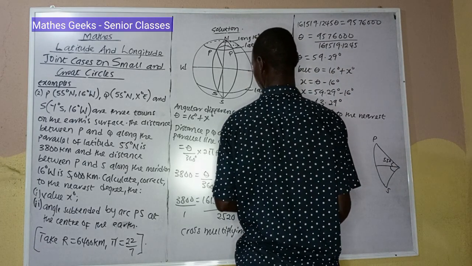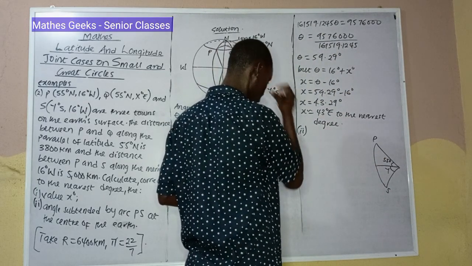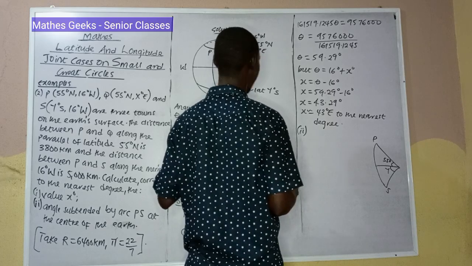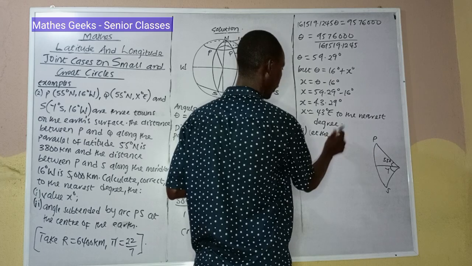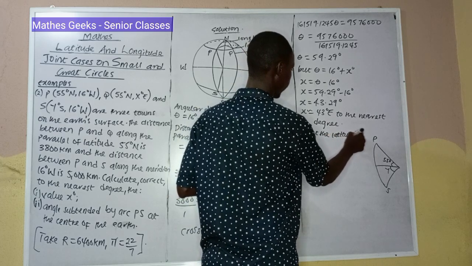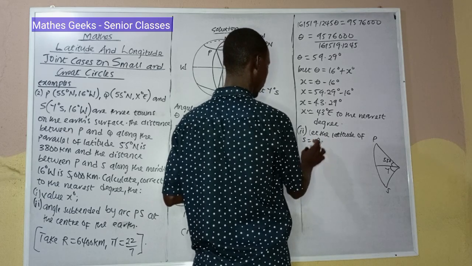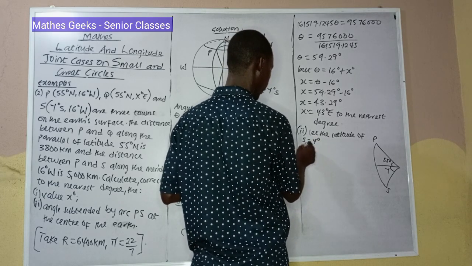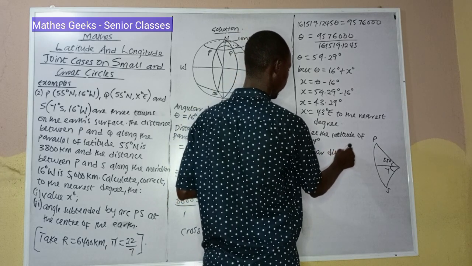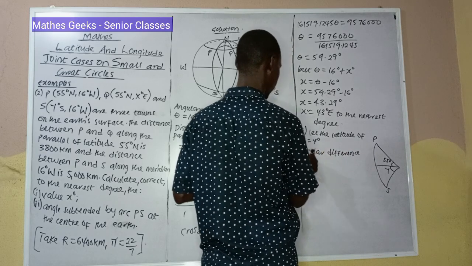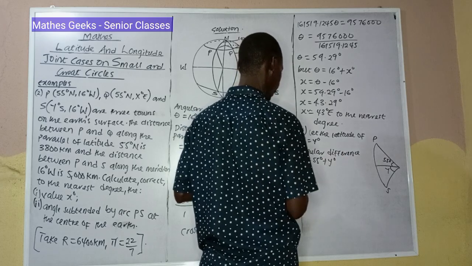The latitude of S is y degrees south. Since they are on different sides of the equator, let the latitude of S be y degrees, and the angular difference in latitude, theta, is equal to 55 degrees plus y degrees.